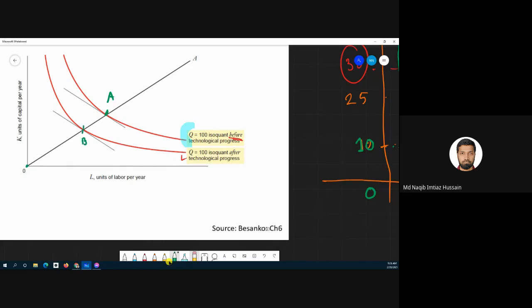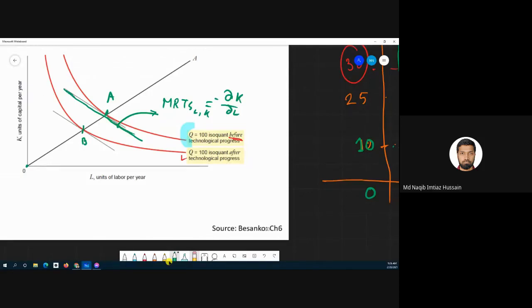এখন তুমি যদি এই পয়েন্টে একটা tangent draw করো, what does it mean? This is MRTS, right? Based on the definition, because MRTS is what? Del K by del L, right? So this is actually a tangent.